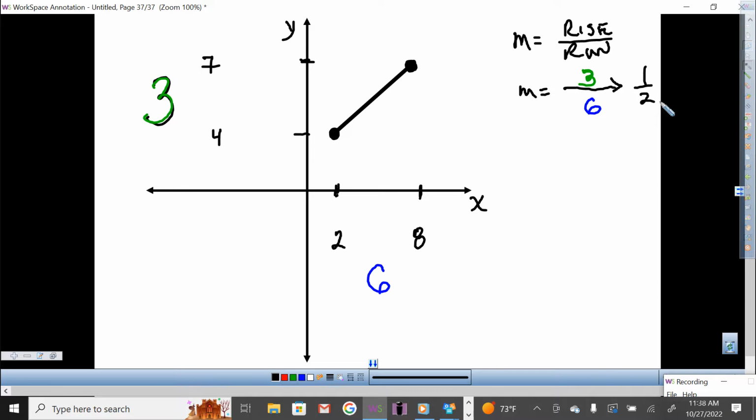Okay. So, check this out. But what if I said, Valenta, I don't want you to count steps. I want you to look at these 2 numbers and do something with them to get that number. Tell your neighbor, guys, what Valenta needs to do to those 2 numbers to get that number.